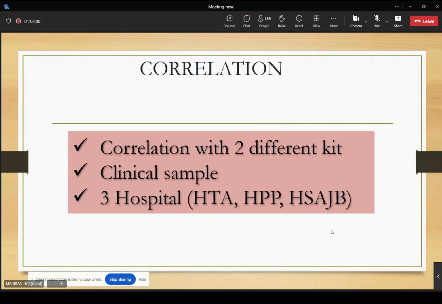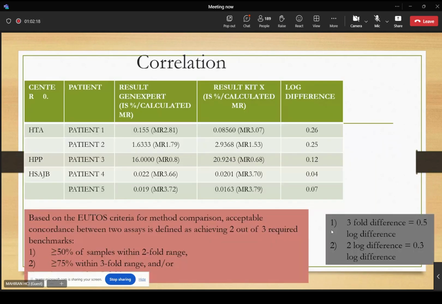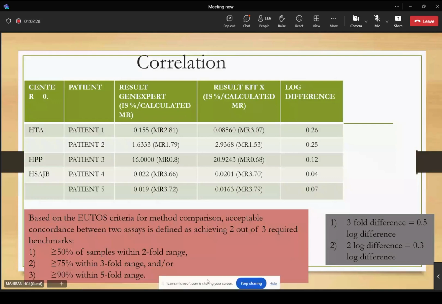Okay, next, we also do the correlation with two different kit. The kit X is from the established one in Malaysia, and then with clinical sample, and also for 3 center. So here, so dekat sini kita boleh tengok lah, all within 2 to 3 fold.